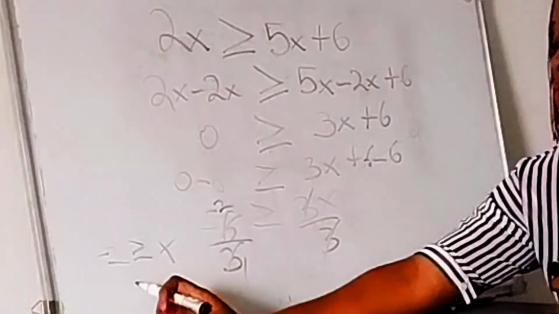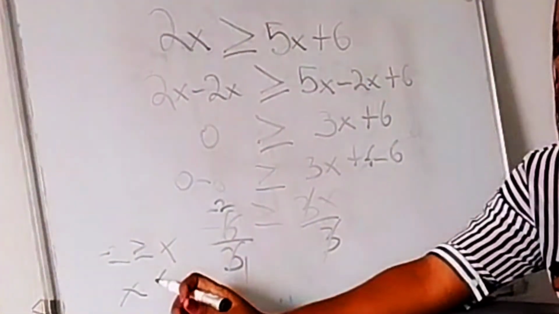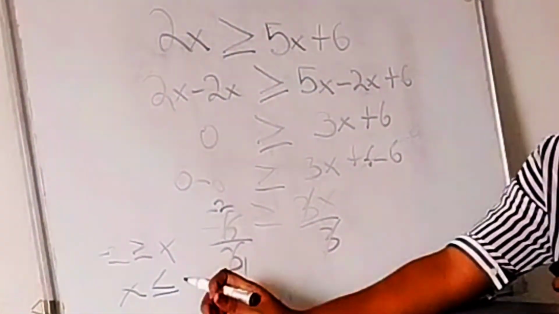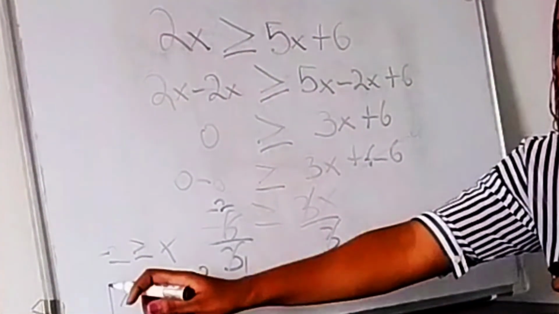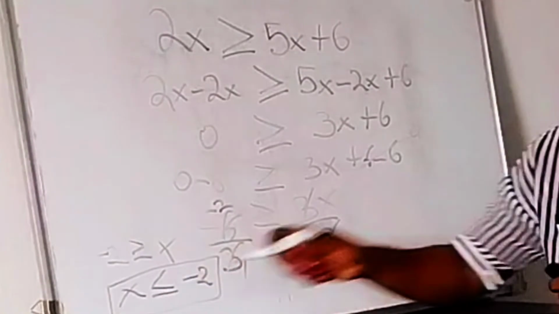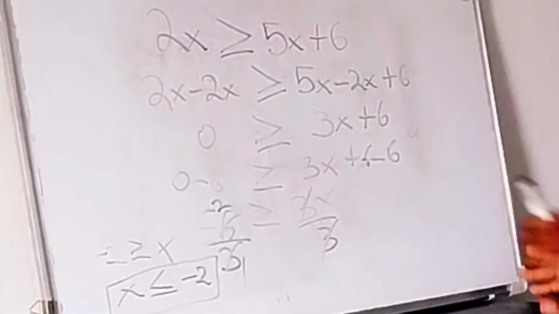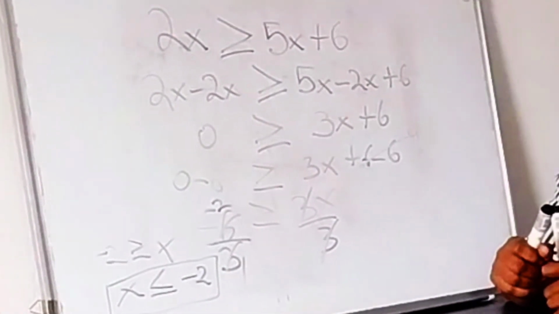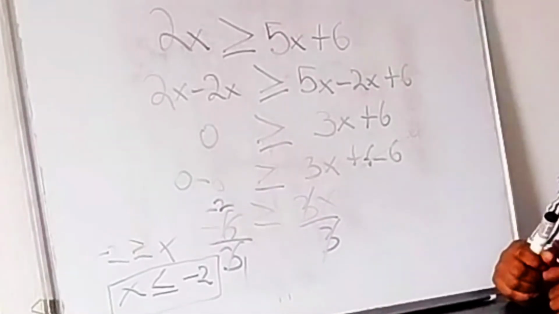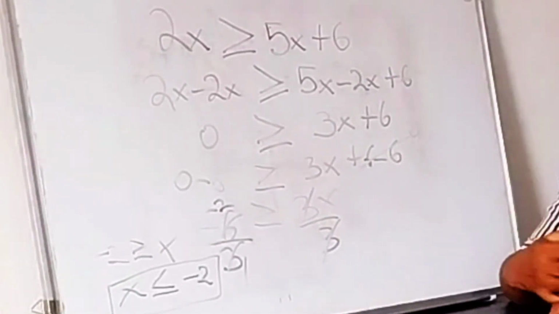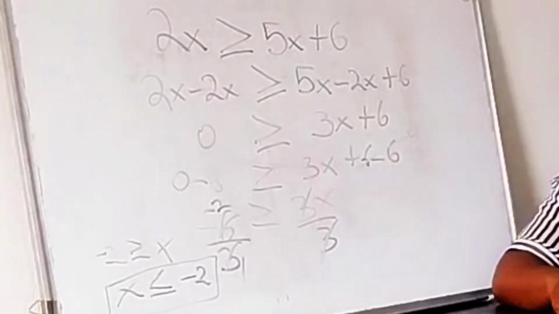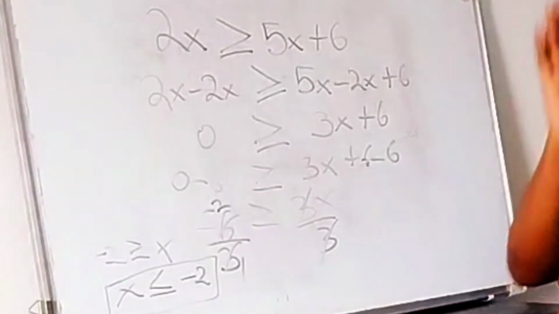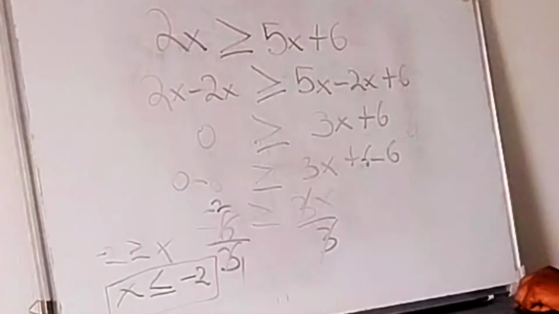So it will look like this: x is less than or equal to minus 2. And this is your answer. Do you get how I did that? Yes. Is it very clear? Yes. Extremely clear. So what option is that? D. High five. Good.